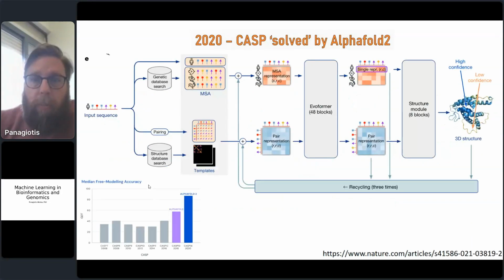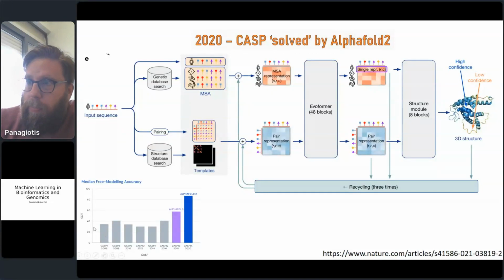I will not go into too much detail about how it works. I just want to show you the progression over the past 15 years. These are the winners of each year, and the 100 means that they would get a perfectly accurate prediction based on the experimental results.